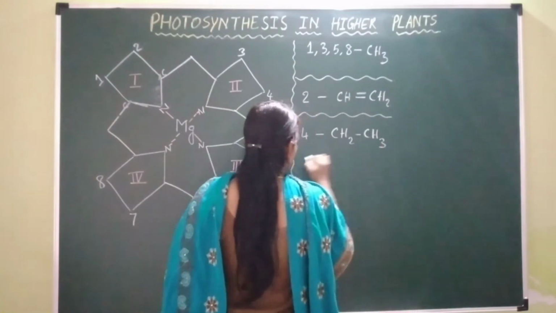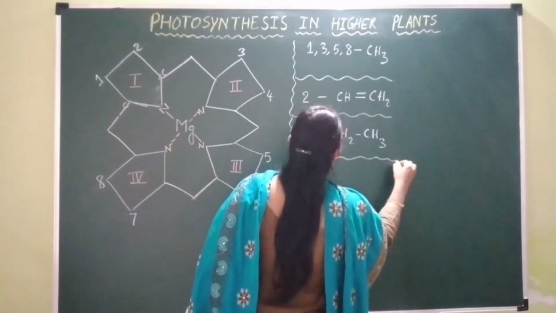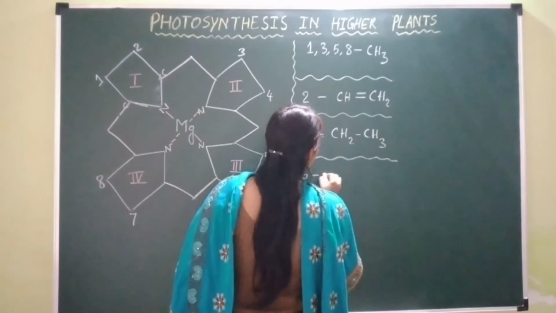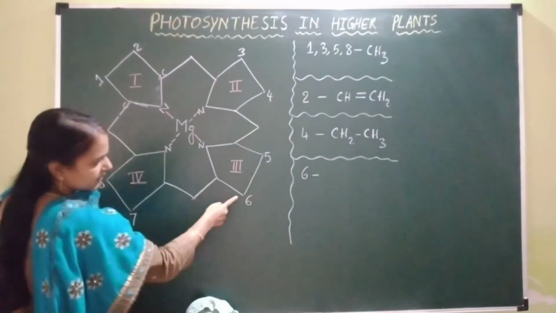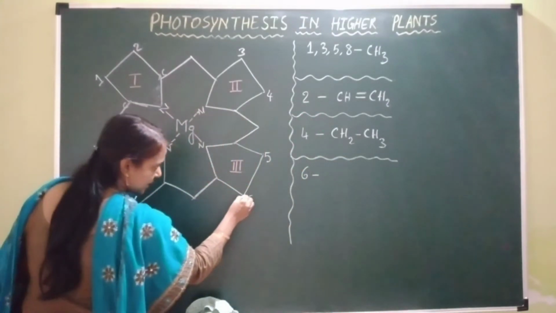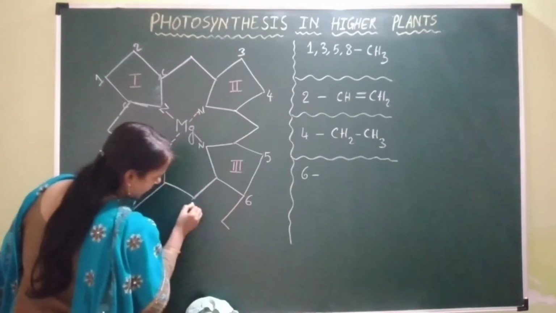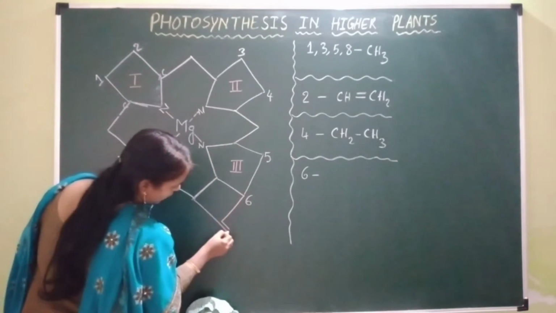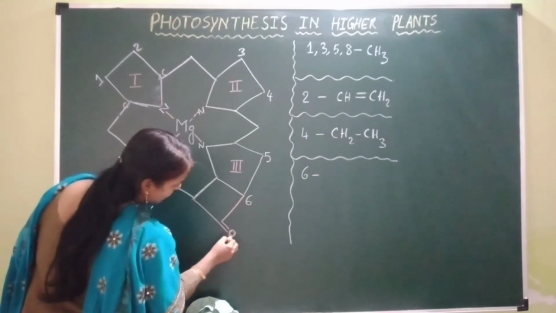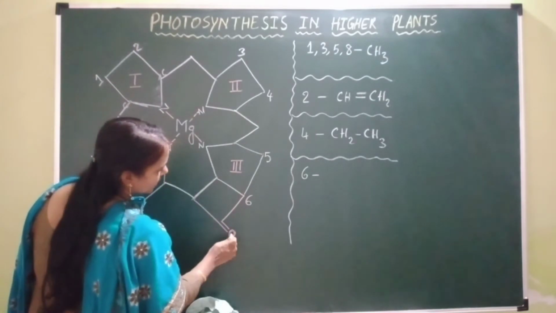Next coming to sixth position. At sixth position, cyclopentanone ring is formed. At the sixth position, another ring is formed, that is cyclopentanone ring. Oxygen, this one.